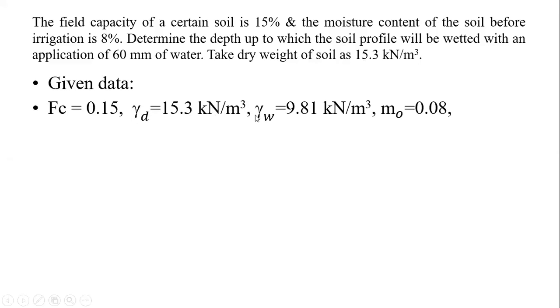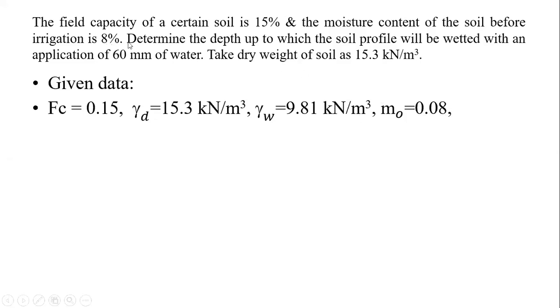Along with that, I have immediately considered the unit weight of the water, that is specific weight of water, in units kilonewton per meter cube, and it is 9.81 kilonewton per meter cube. Then optimum moisture content, they have given us as 8%, that is 0.08 we have considered.